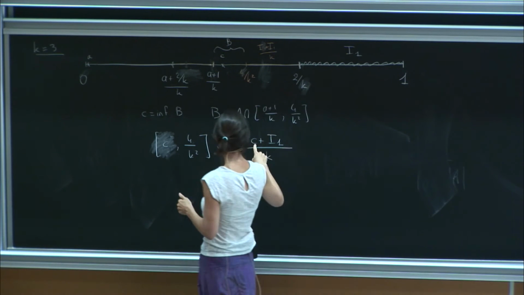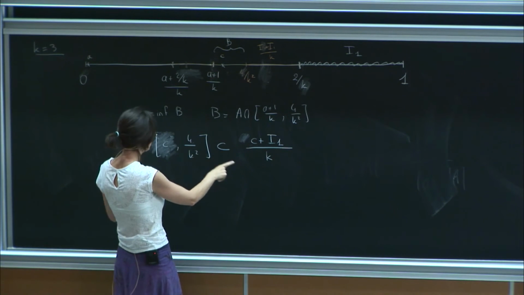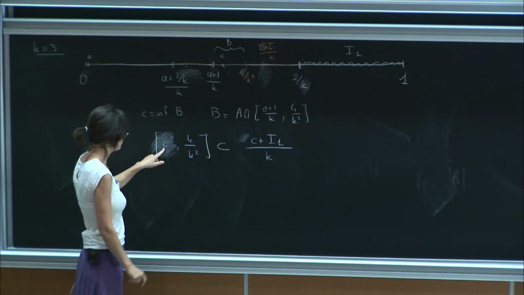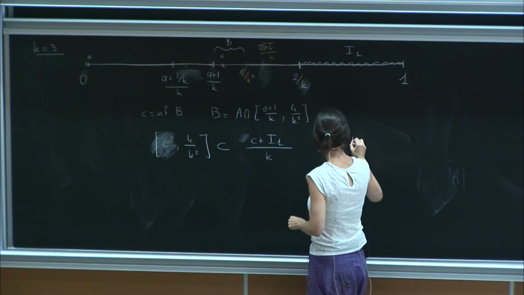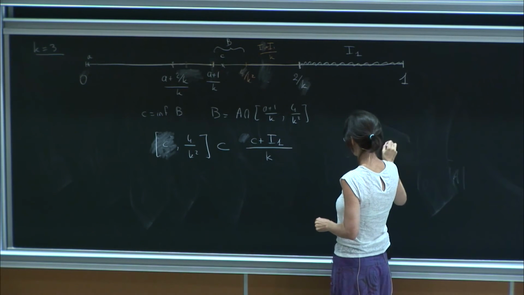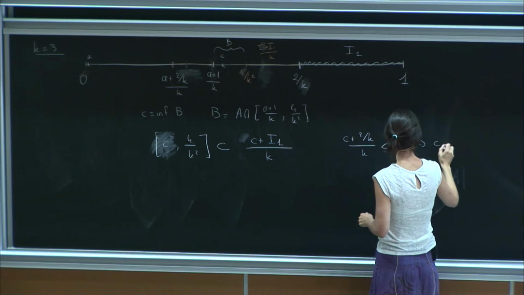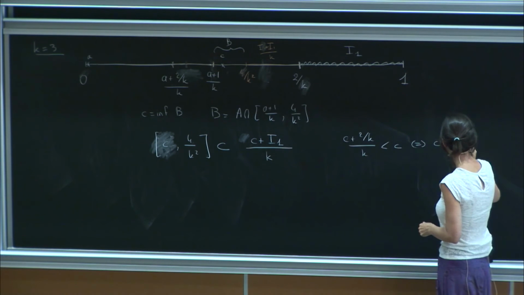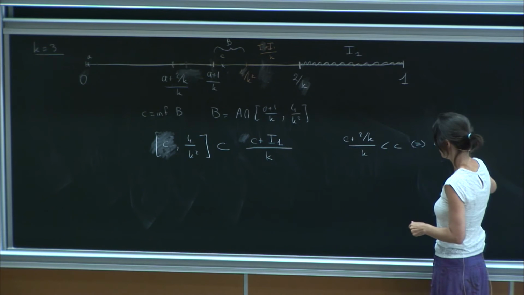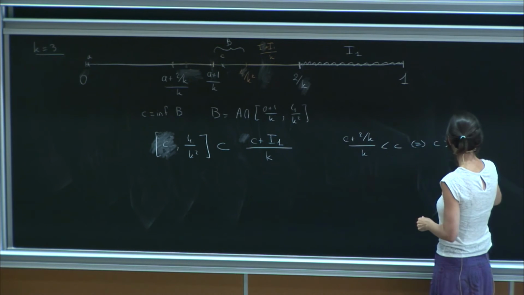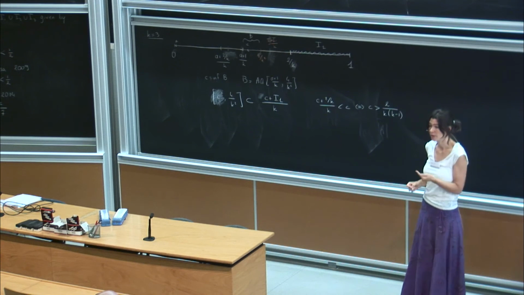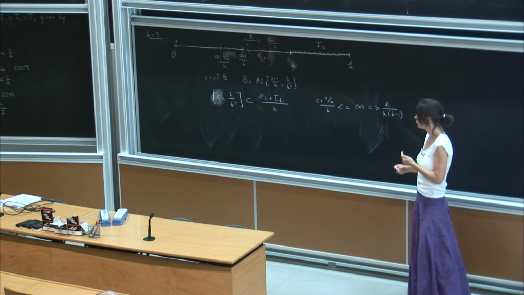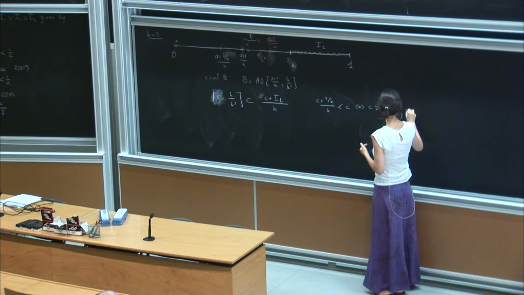If you want C plus 2 over K divided by K to be smaller than C, it means that C is larger than 2 divided by K, K minus 1. And since C is larger than 1 over K, for K larger than 3, this is true.